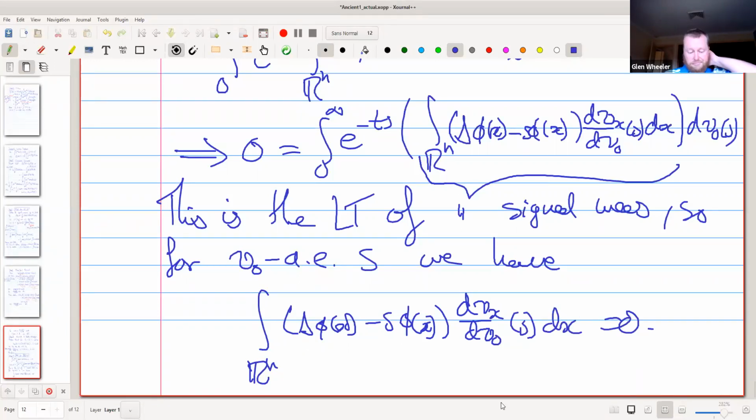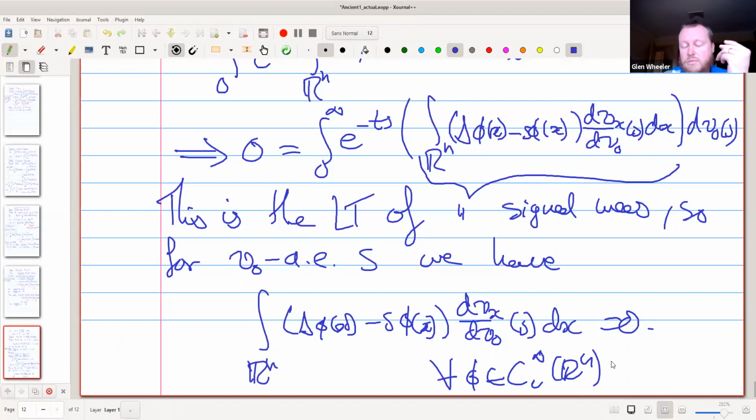Now this is actually for all φ in C_c^∞ on R^n. So of course this means that the Radon-Nikodym derivative satisfies this PDE, which is what we're going to say next.